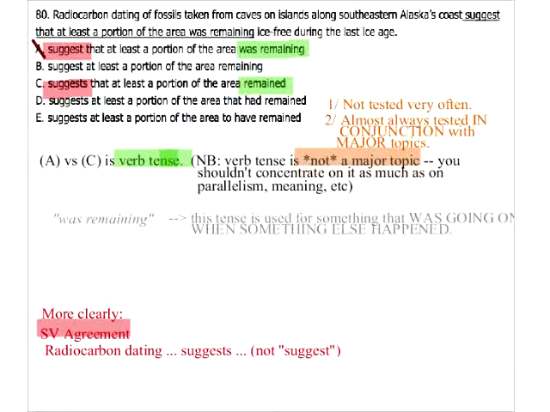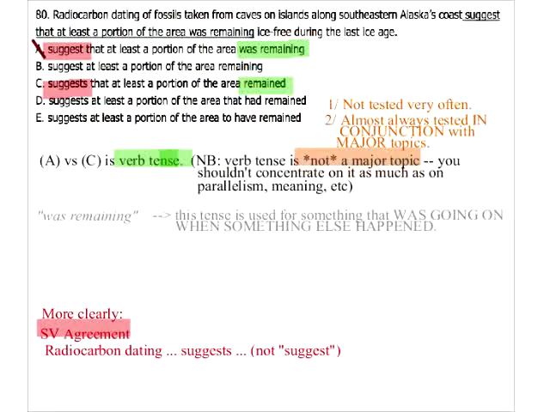Like, for instance, was remaining is a weird thing here, but I could give you an example with a different verb that would be easier to understand. If I said something like, I was sleeping when the doorbell rang. So this was going on, and then this point event occurred while that was going on.